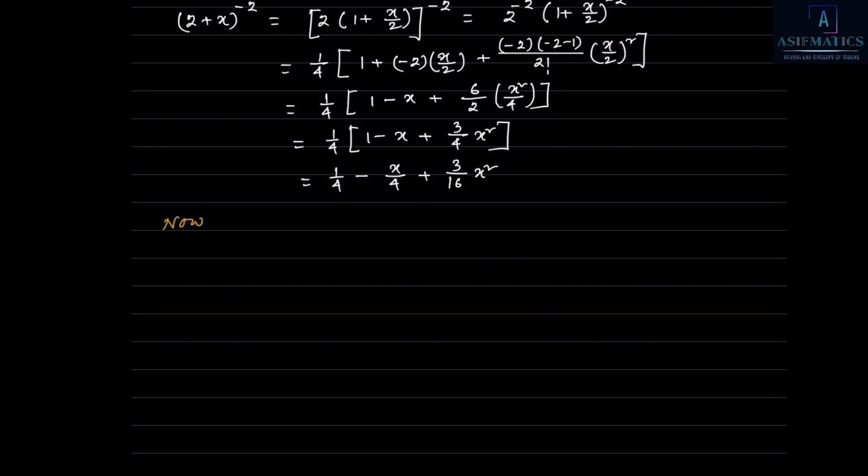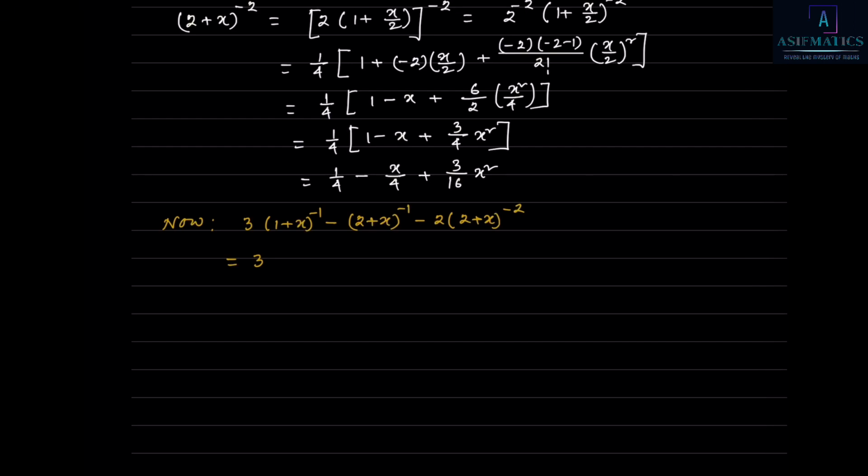we can write 3 into 1 plus x to the power negative 1 minus 2 plus x to the power negative 1 minus 2 into 2 plus x to the power negative 2. That equals, we can write here 3 times, what is 1 plus x?